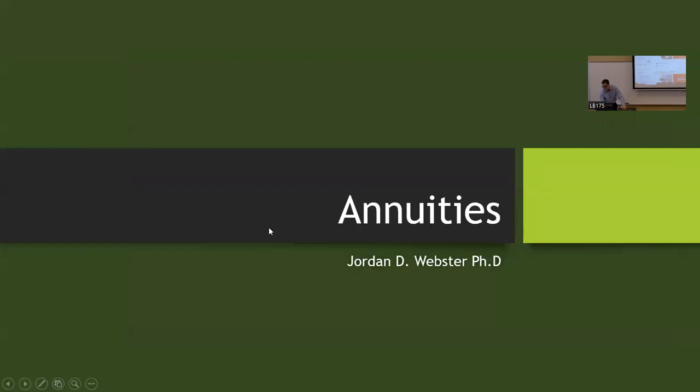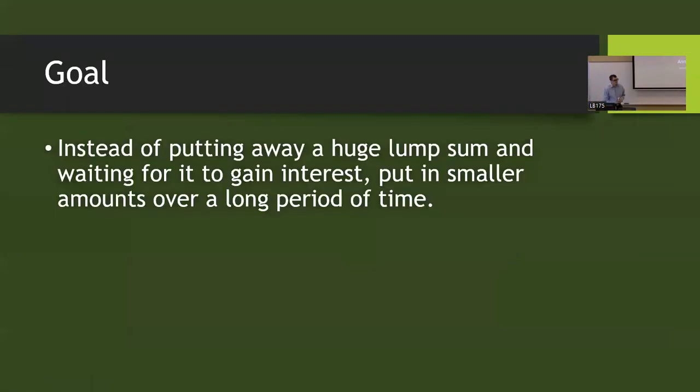So, without spending too much more time on that, let's deal with annuities. Most people don't have a huge amount that they can just put in and gain interest. For instance, when people save for retirement, they don't just put in a lump sum of $1 million and let it gain interest for 30 years.